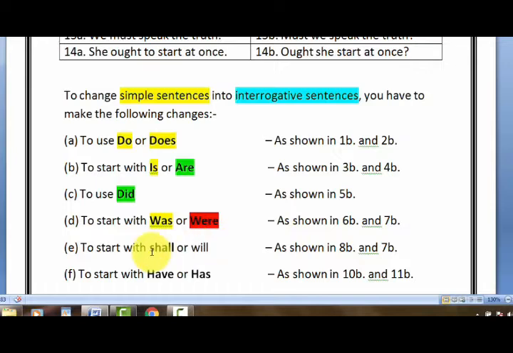So shall, here you can see, and here will, the modal auxiliaries, I have used them in interrogative sentences 8b and 9b. Now comes here have and has.